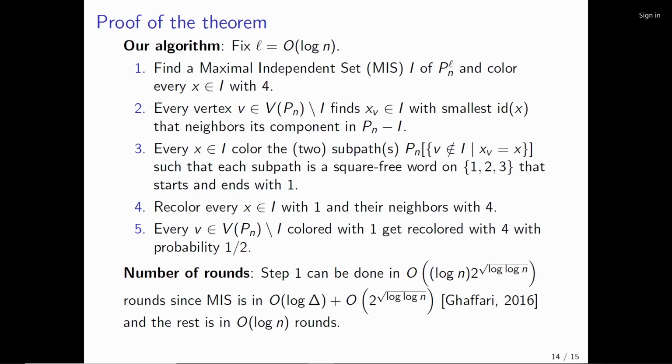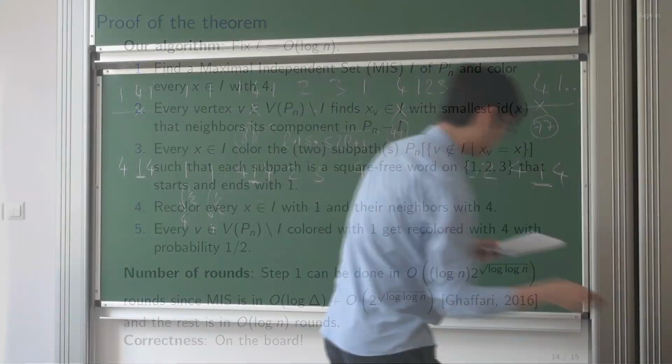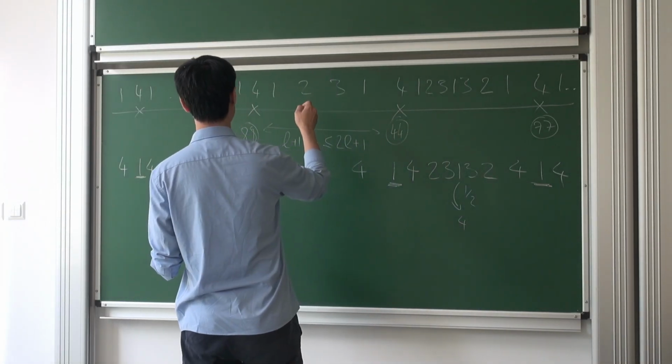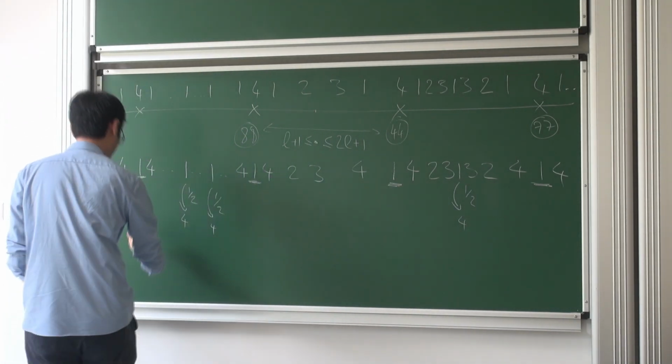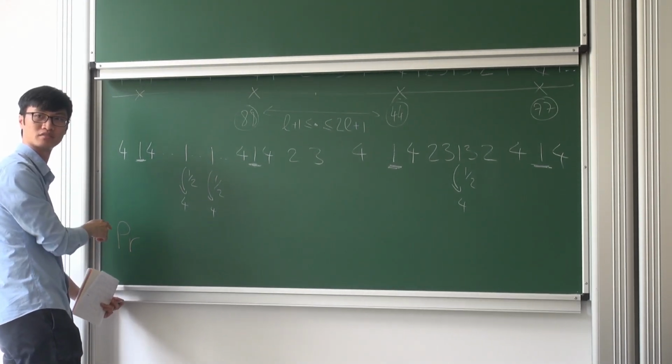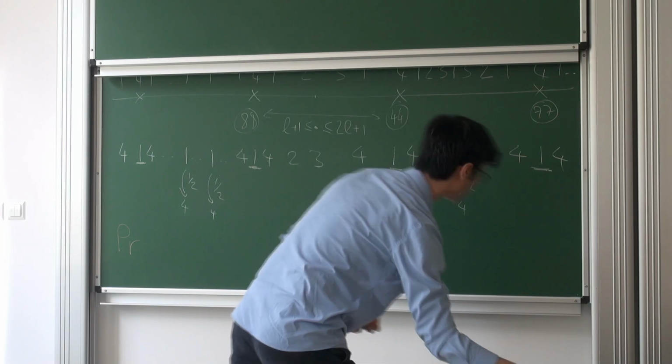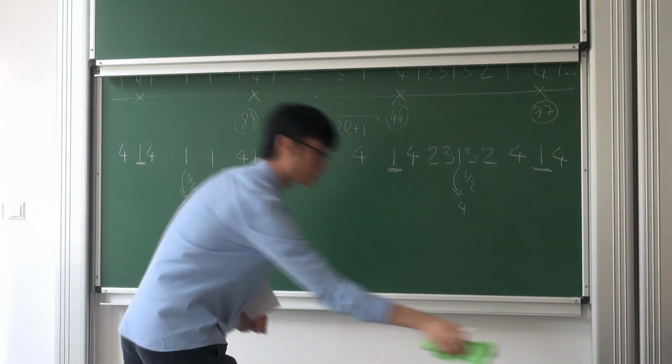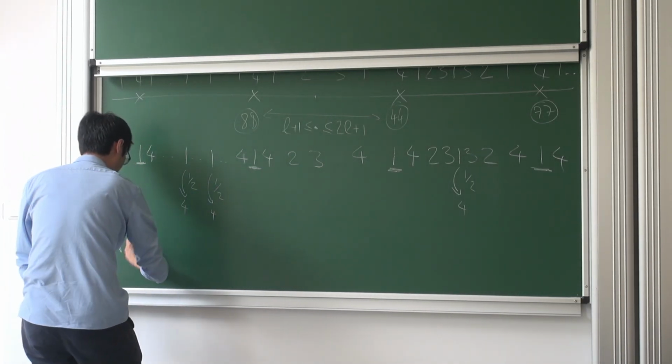Now, I hope you're convinced that we have an efficient algorithm in some log n, maybe log square n, number of rounds. Let's try to see why this works. Maybe I can write it over here. But actually, can you read this well? Okay. What is the probability that I created a square?